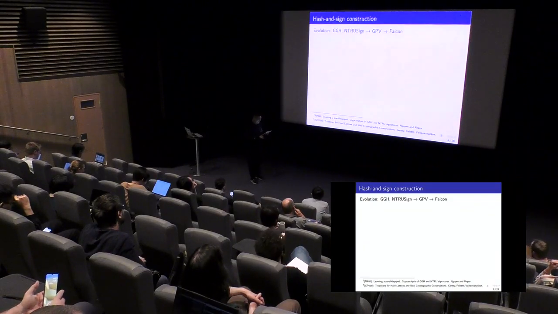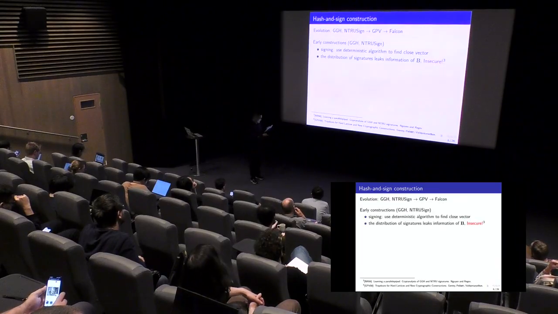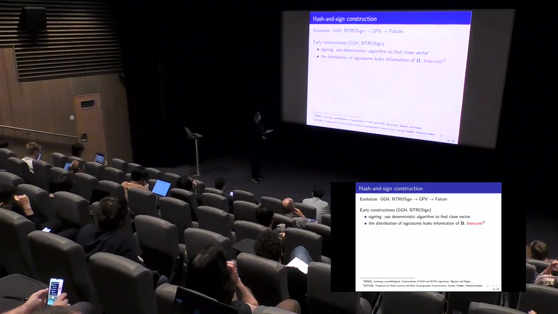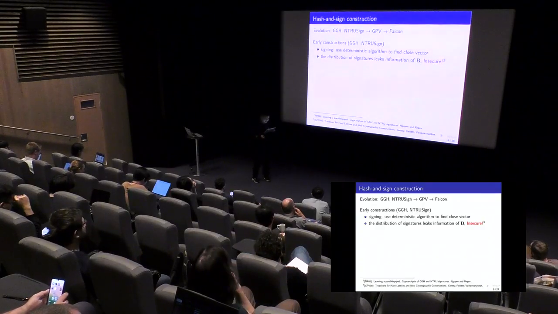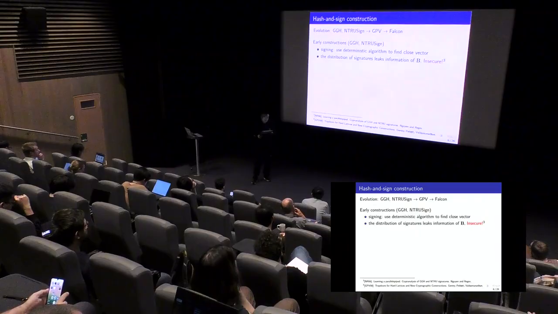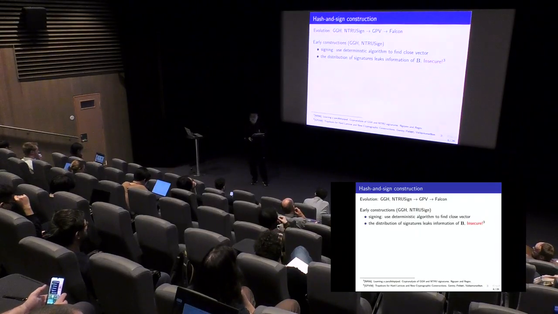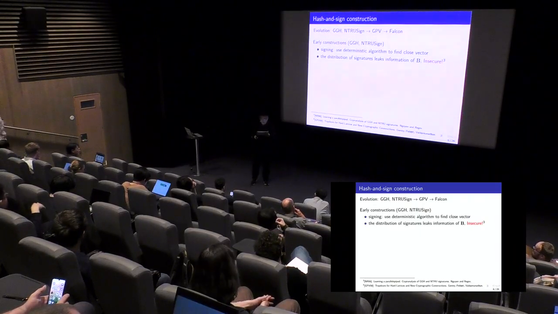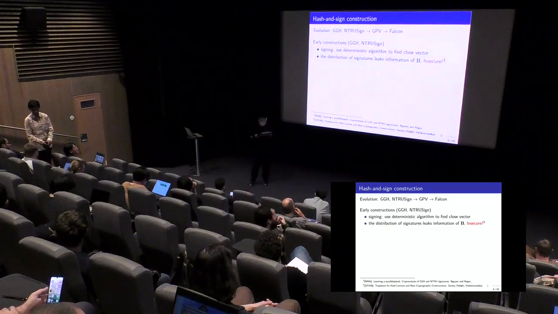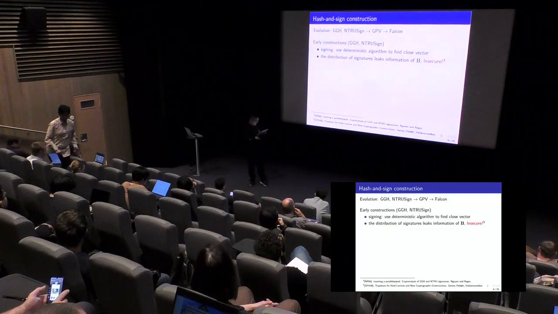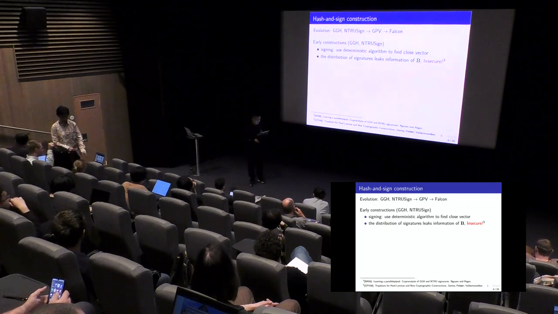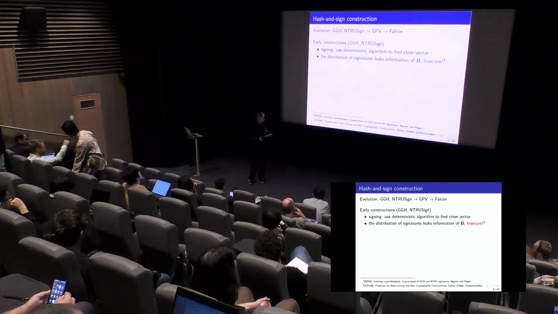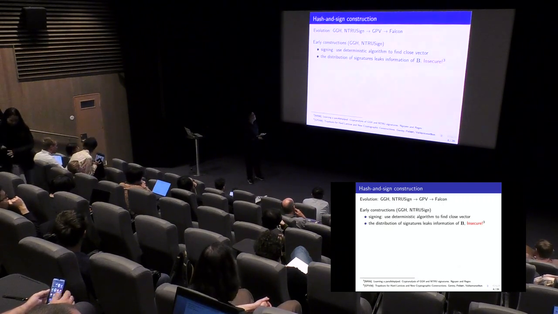The evolution of this construction mainly involves some earlier constructions like GGH, NTRUSign, the provably secure framework GPV, and the advanced NIST standardization Falcon. In early constructions, the signing uses a deterministic algorithm to find the closest vector.